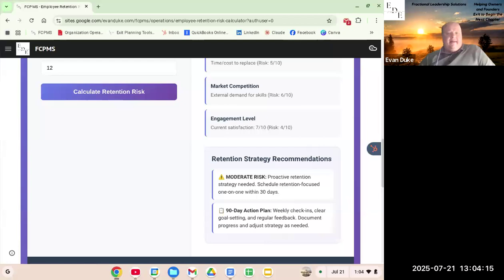The reason we have this calculator is, if you're not doing everything you can to lock in your key people and make sure they're rock solid, well, if somebody comes along with a better job, better pay, better benefits, better work-life balance, you're going to lose them. And it could be devastating, particularly if you're trying to execute business.